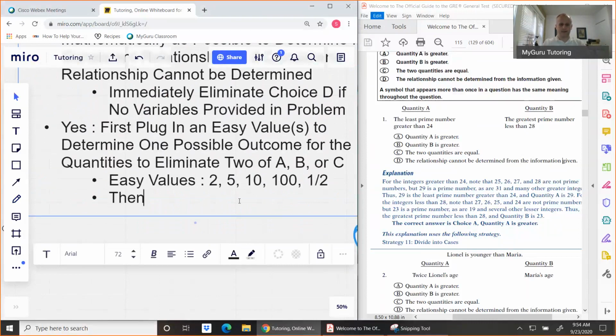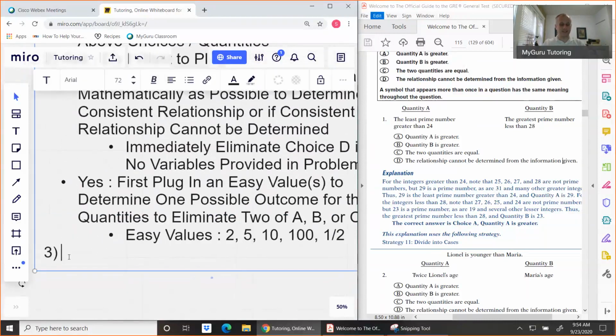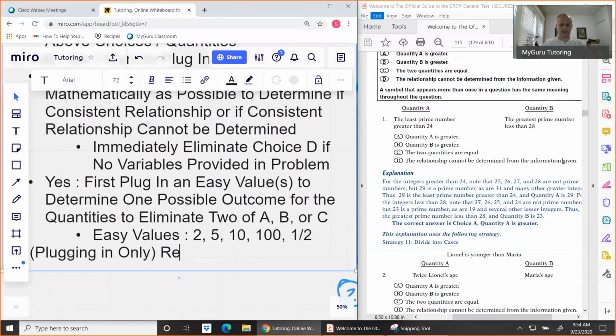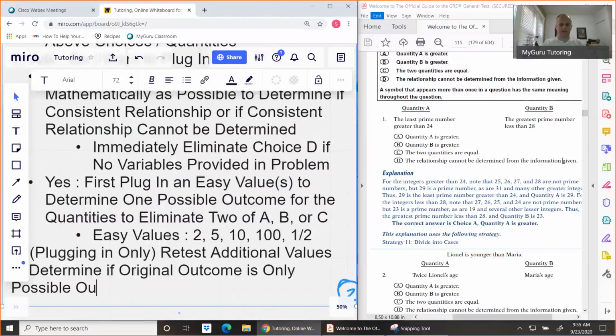Then you want to test. So, and basically, let's just kind of make it a third step. Because it gets a little bit more complex, but this is for plugging in only, which is going to be to retest additional values to determine if the original outcome is the only possible outcome.